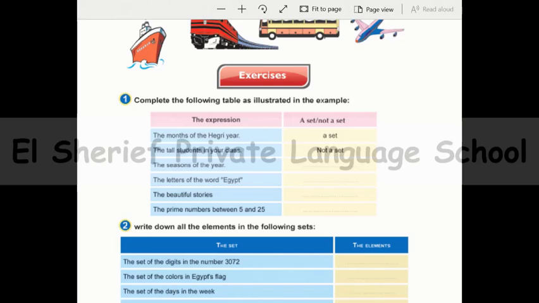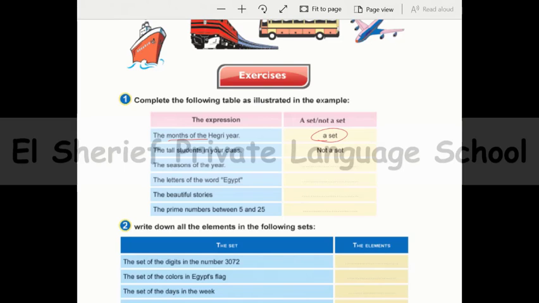We have exercise number 1. The months of the Hijri year. All of us know the Hijri year the same, so this is called a set.